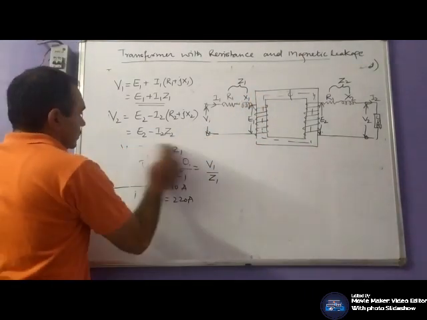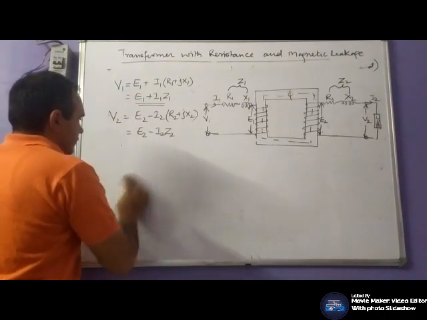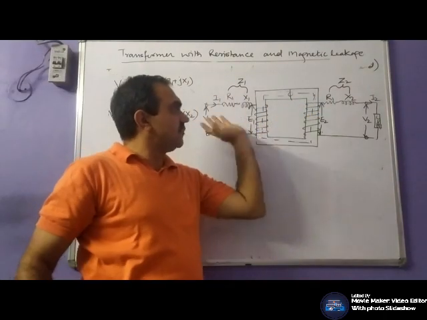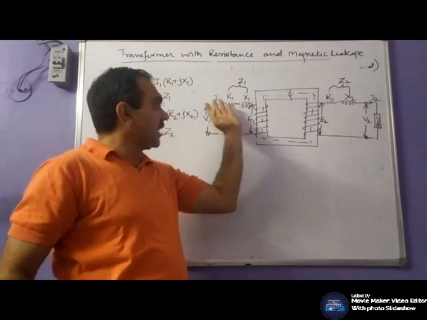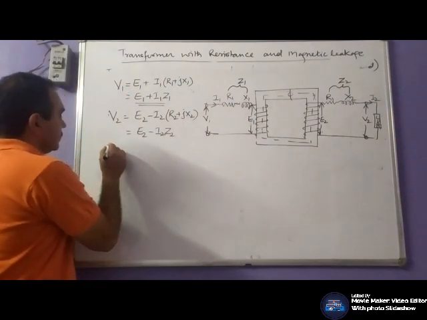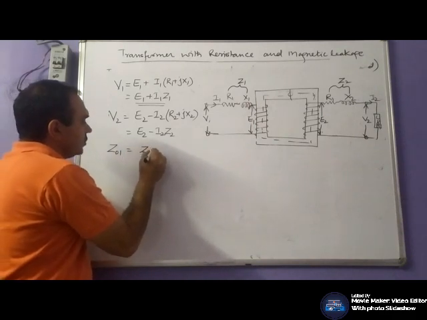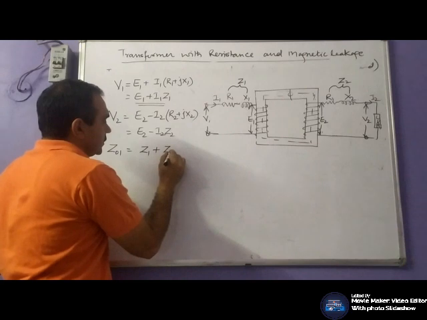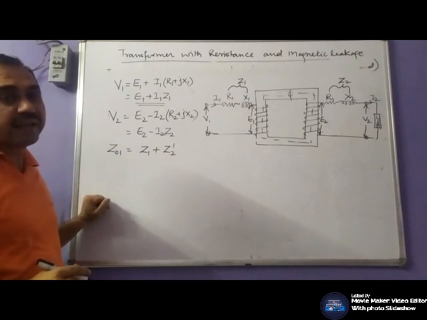Now, let us draw the phasor diagram. We can transfer these parameters on either side. If we transfer them to the primary side, your Z01 would be equal to Z1 plus Z2 dash.